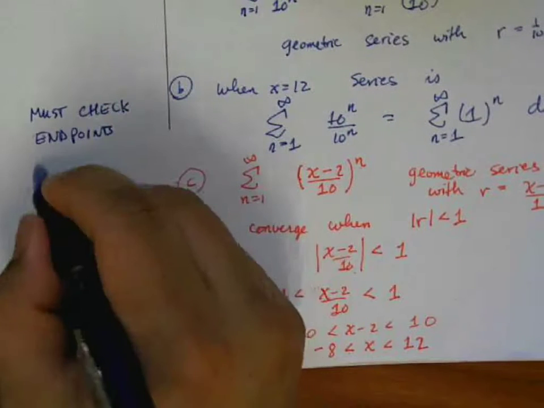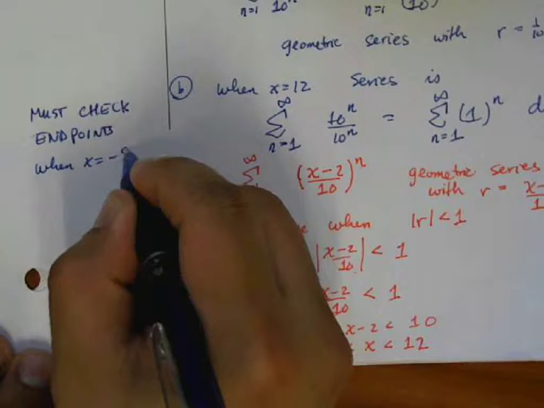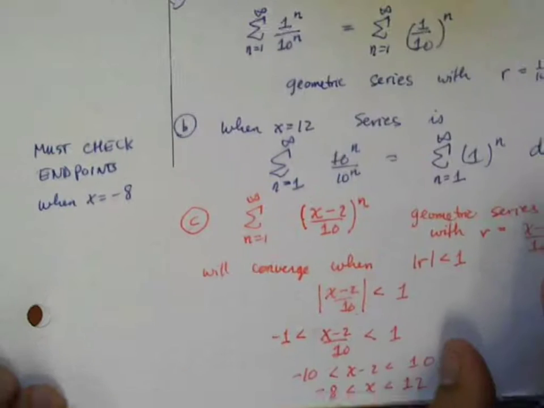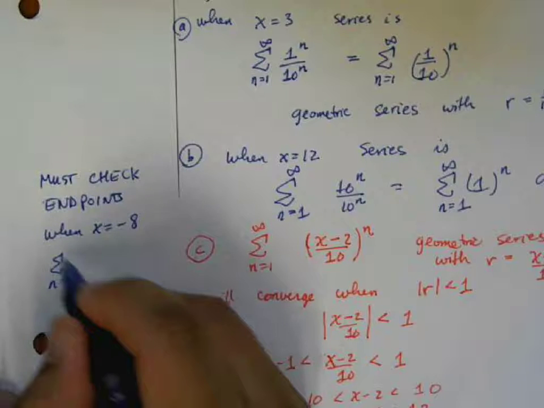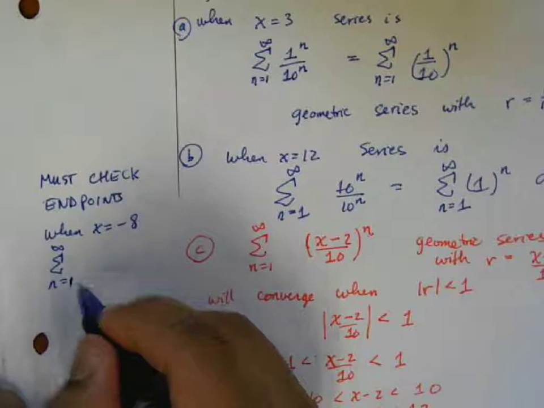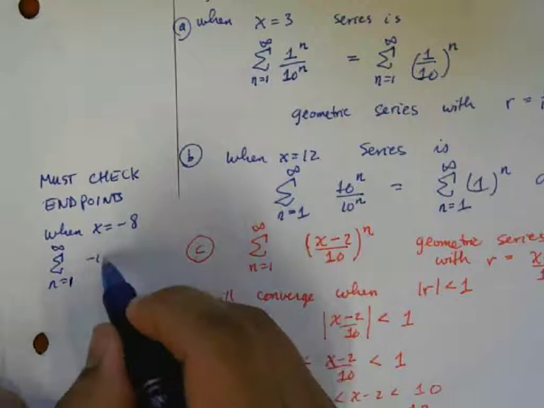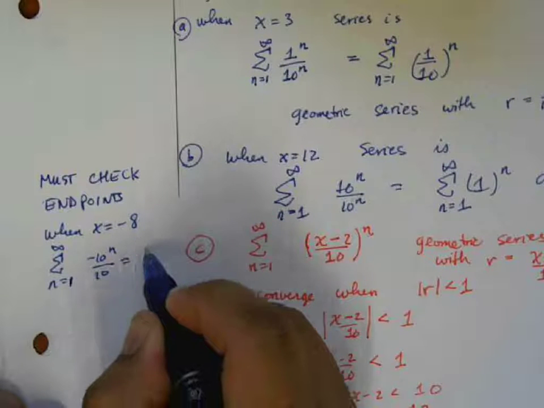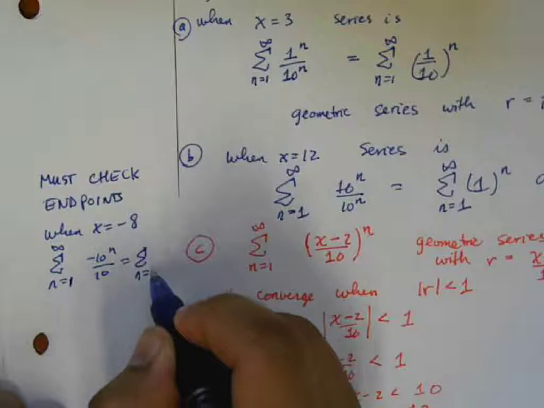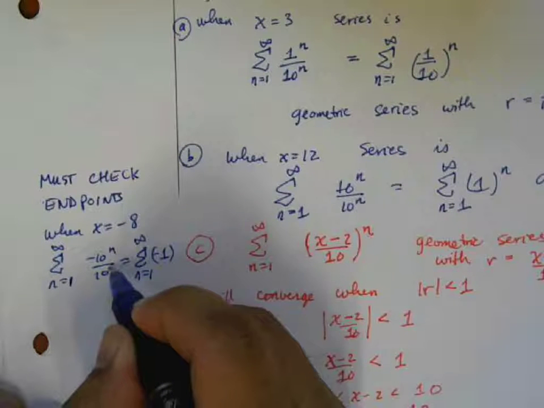So when x is equal to negative 8, the series that we have is the sum from n equals 1 to infinity of negative 8 minus 2, which is negative 10 to the nth over 10 to the nth, which is nothing more than the series of negative 1 to the nth.